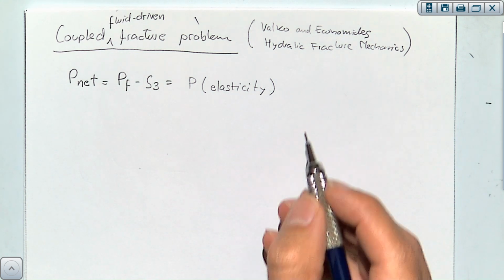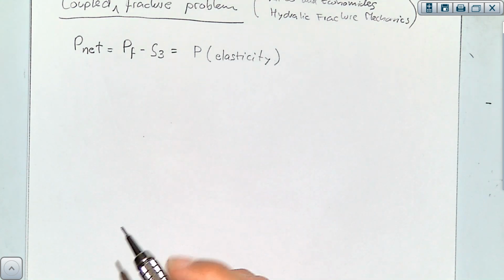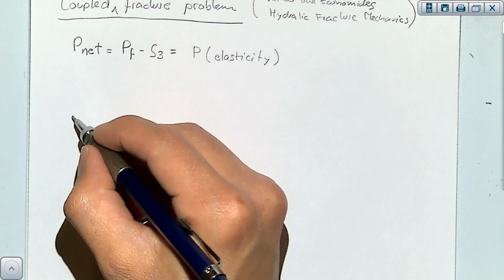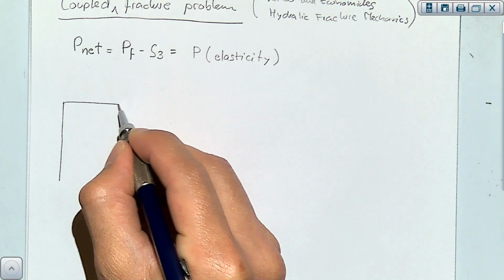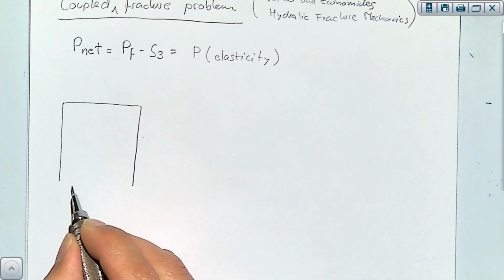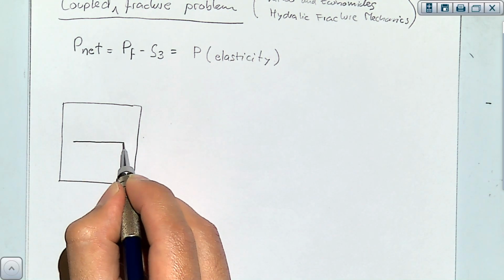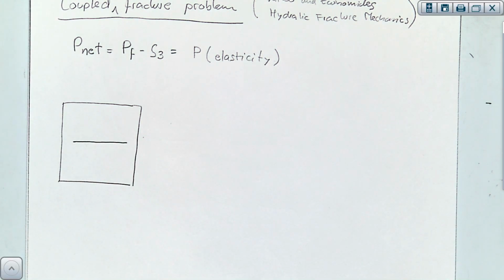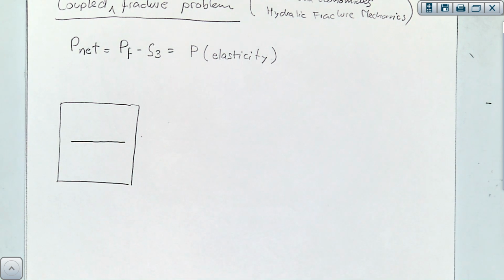Basically, in this first step, and also, to make it simpler, we're going to assume that we already have a pre-existing fracture, let's say with 0 thickness. I'm looking at the cross-section of that.